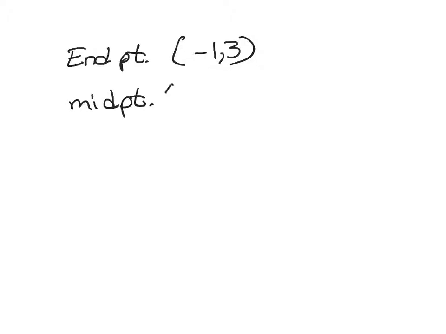So here, I'm going to give you the endpoint, or one of the endpoints is going to be negative 1, comma 3. And then I'm going to give you a midpoint that's 5, 6. So again, this could be x1, y1, and this will be xm, ym.